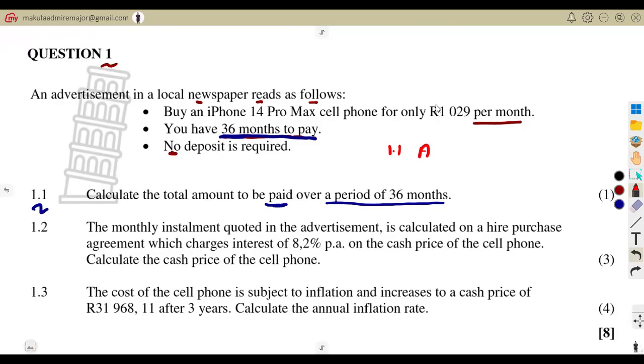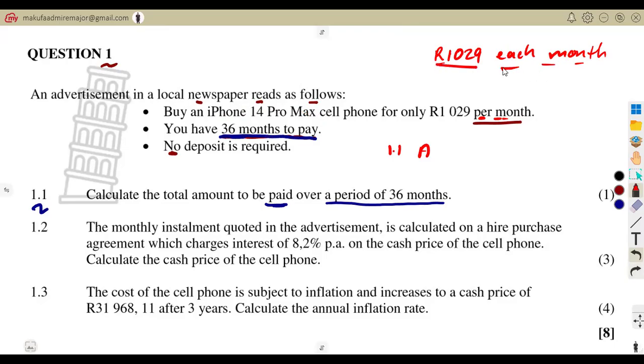You are told that you're supposed to pay 1,029 Rand per month. Per means per one, like 1 month, each month. You have to pay 1,029 each month. Each and every month. And how many months are you supposed to pay? 36 months to pay.